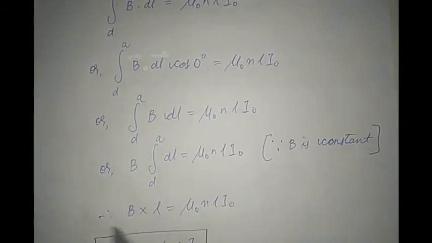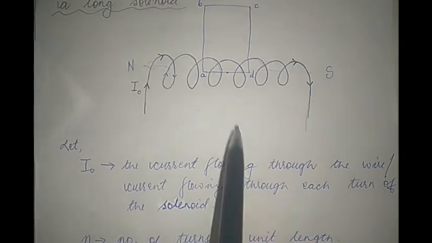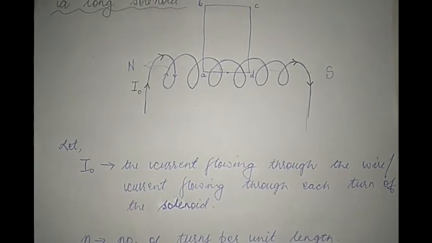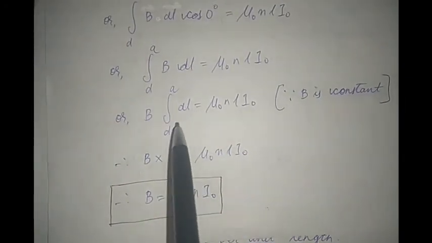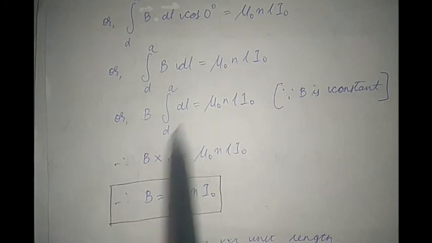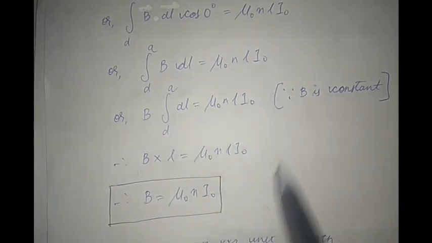So integration over dA becomes this much. And finally, B comes out of the integration because inside the solenoid at all points the magnetic field is a constant. So therefore B comes out of the integration, and we are only integrating over dl. So this becomes mu naught N L I naught.